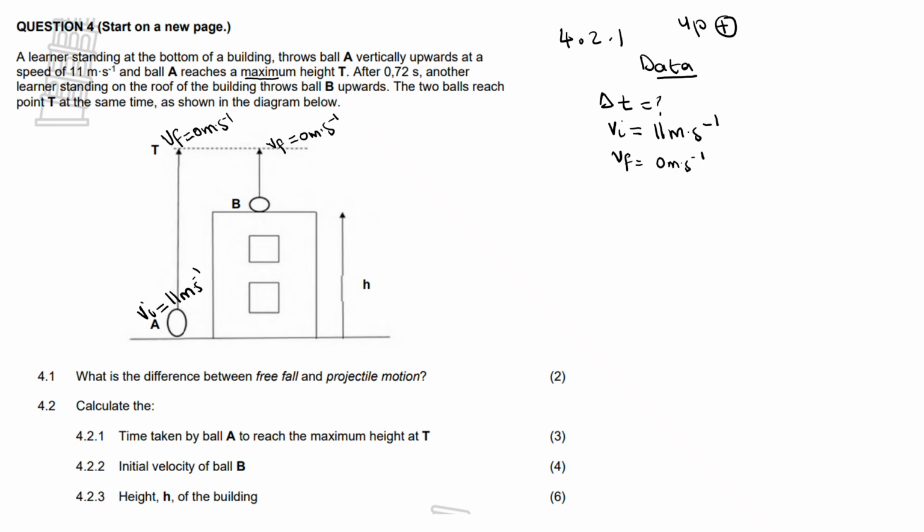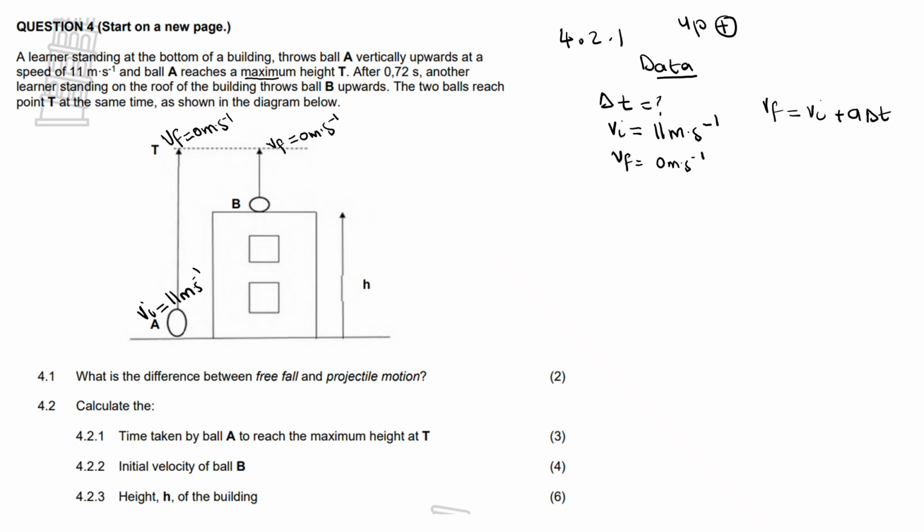Okay, so now what else do we know about this? We're just going to use the formula that doesn't have delta y. So now we need to choose the formula to find the time taken by ball A to reach maximum height. The formula that we're going to use is V final equals V initial plus A delta T. Look at that.